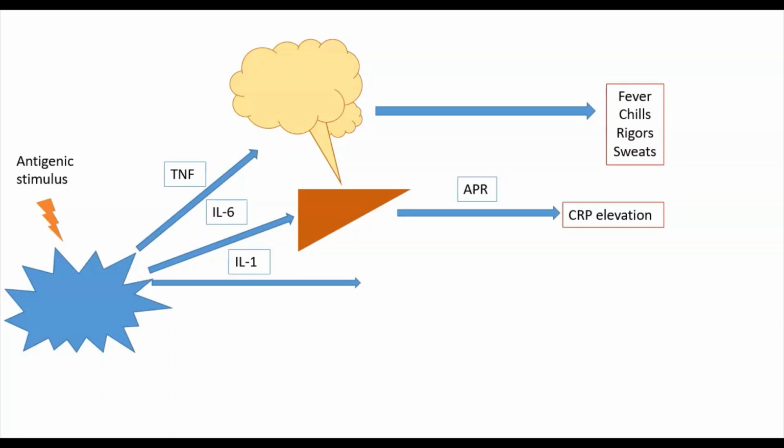Iron is an important resource for bacteria as it forms an important component of their electron transport chain in terms of the iron sulfur clusters, and thus by sequestering away iron into the liver, you're essentially starving any bacteria that are in the blood of iron, which makes it difficult for these bacteria to survive.